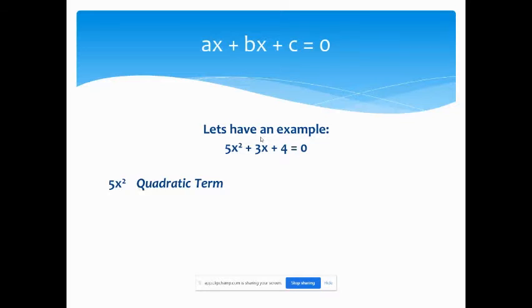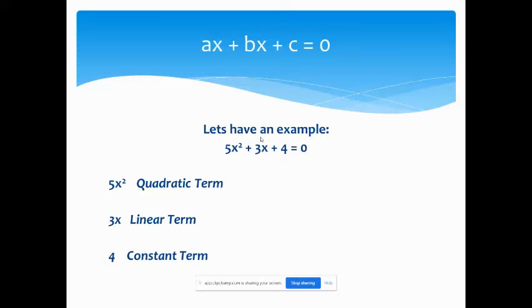Now let us determine the terms that form our quadratic equation, starting with 5x², which is called the quadratic term because it is in the second degree, or it has an exponent of 2. Next is the 3x, which is called the linear term, which is the first degree, having an exponent of 1.